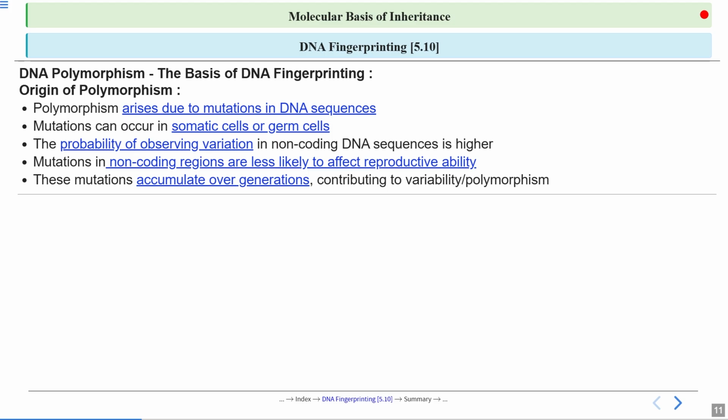This mutation can occur either in a somatic cell or a germ cell, and the probability of observing variation is mostly in non-coding DNA sequence, not in the coding DNA sequence. Because these mutations are in non-coding regions, they are less likely to affect any reproductive ability. These mutations accumulate over generations, and this is how they contribute to polymorphism, or what we call variability.